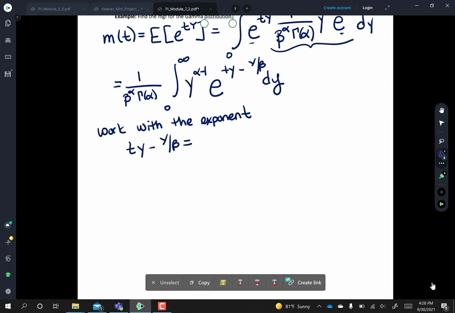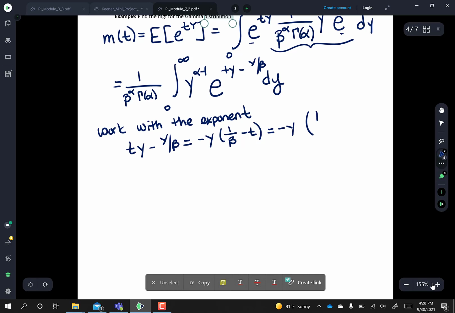So this is going to be equal to minus y times 1 divided by beta minus t. So I just rearranged my terms there. But notice that this is equal to minus y times 1 minus beta t divided by beta. And then this is equal to minus y divided by beta over 1 minus beta t.